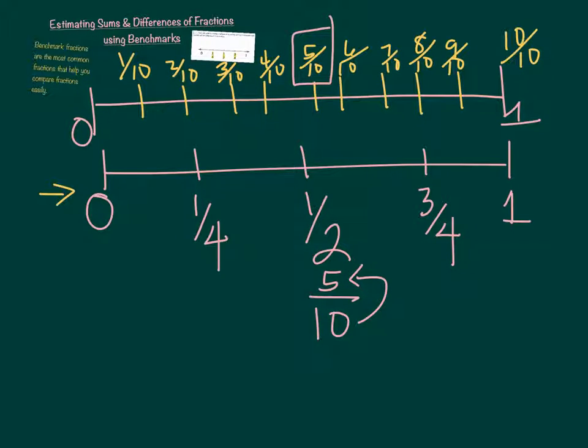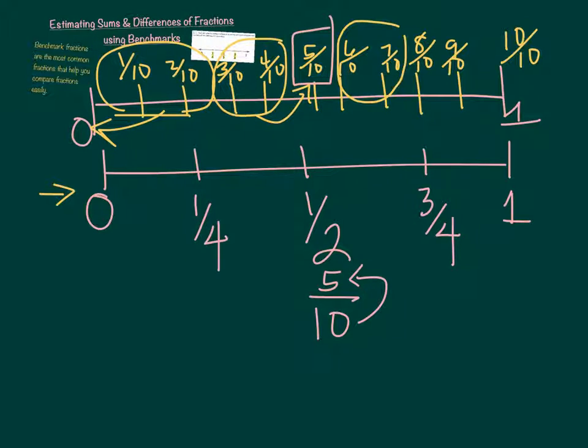Now I can see that 1/10, 2/10 are closer to 0. My 3/10 and 4/10 are closer to my half. 6/10, 7/10 would be closer to 3/4, and 8 and 9/10 are definitely closer to a whole.